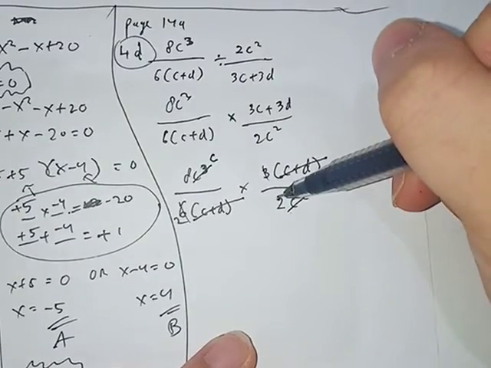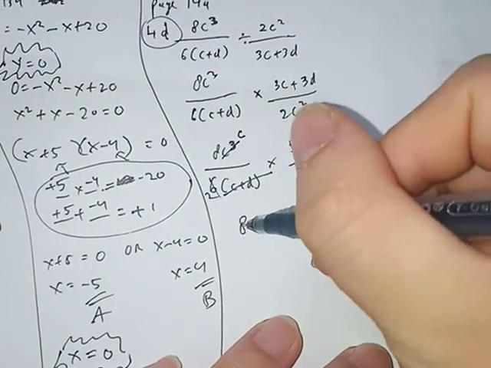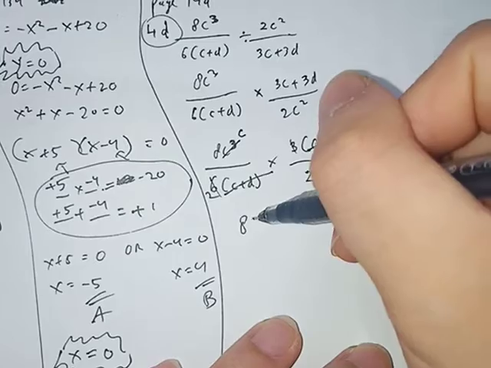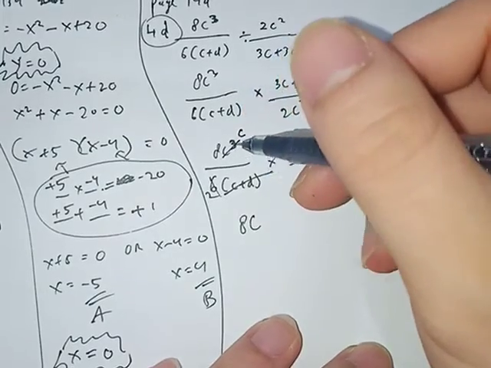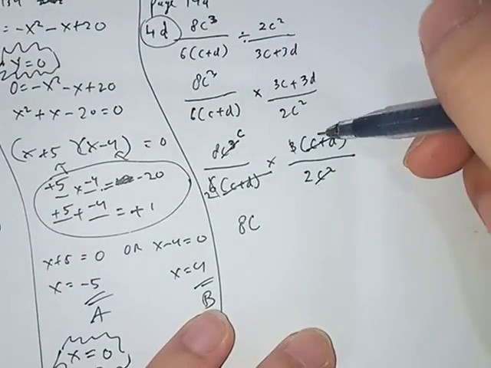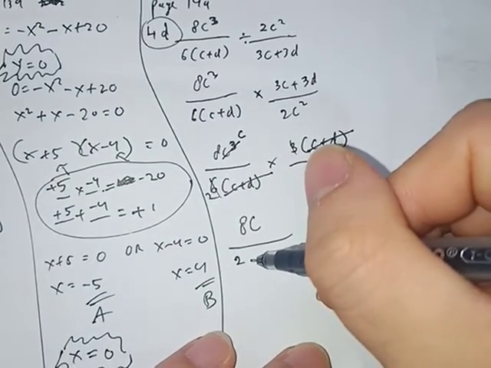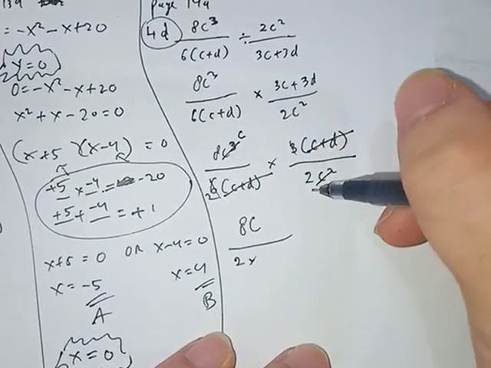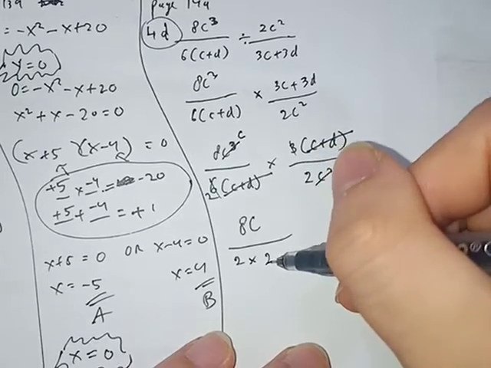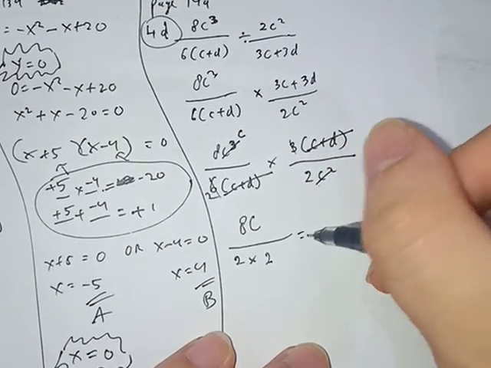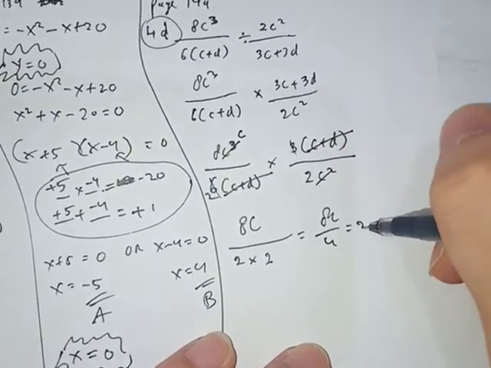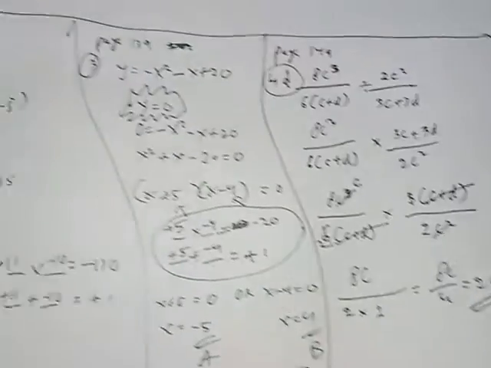And the 2 and 8, okay, let's just rewrite that first. On the top I have 8C only, and for the bottom I have 2 times 2 only. So that means 8C over 4, 2C is the answer, like that.